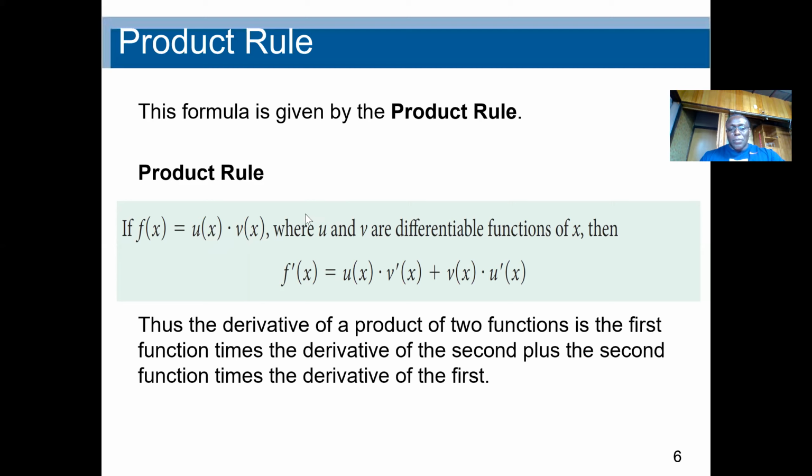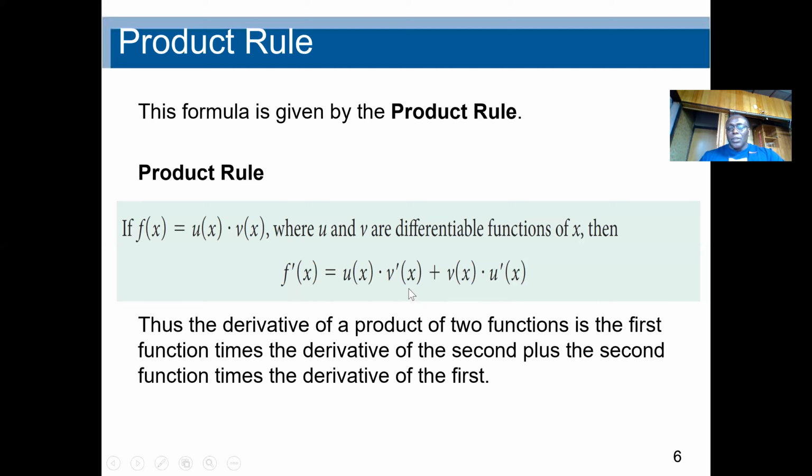I can say, okay, derivative of u of x times v plus derivative of v of x times u of x. Or the opposite, u of x times derivative of v of x plus v of x times derivative of u of x. So this is the rule. Again, we cannot say f of x equal to u of x times v of x, so the answer will be u of x times v of x.